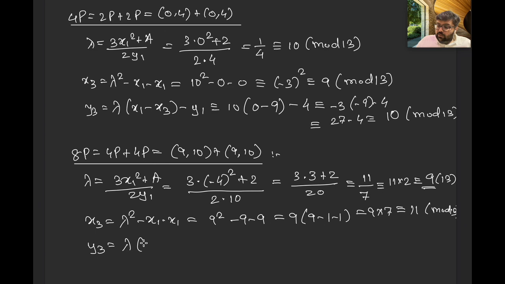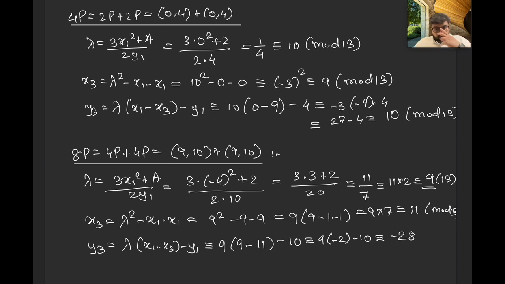y3 is lambda x1 minus x3 minus y1. So this is lambda is 9, x1 is 9 minus x3 is 11 minus y1 is 10. So 9 into minus 2 minus 10. So this is minus 18 minus 10, minus 28.